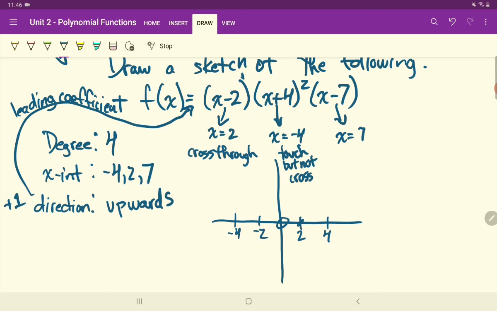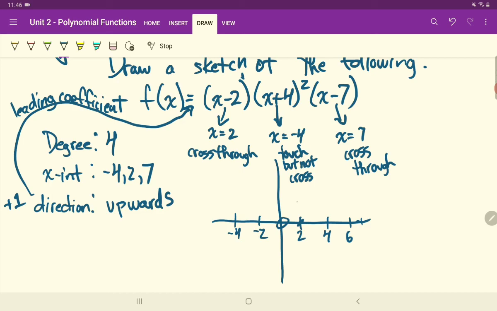Okay, so it will touch but not cross. And the last one at 7, let's say that's 6 and then 7 would be somewhere there. 7 will cross through.